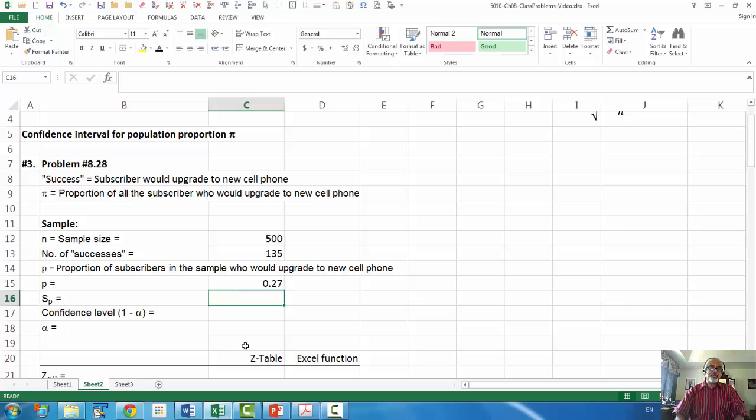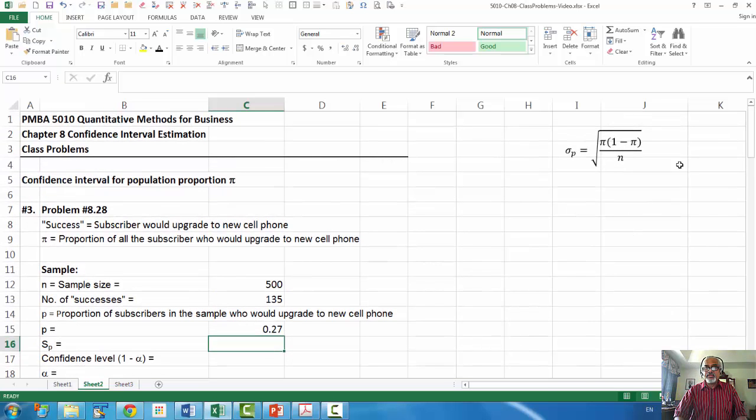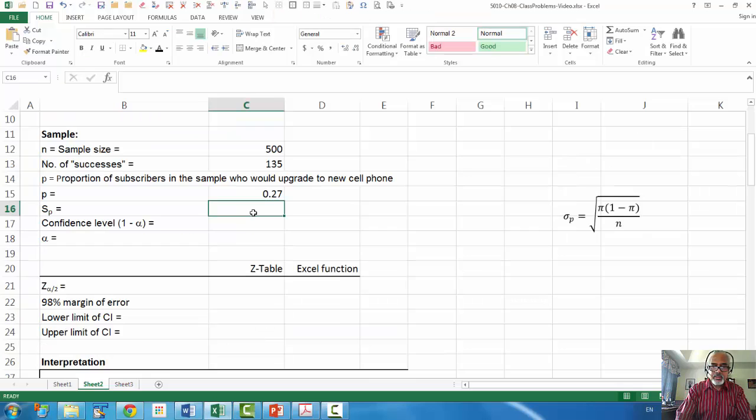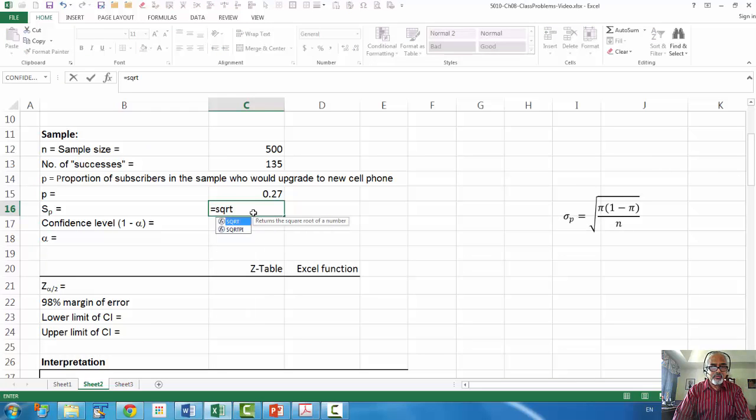So now we compute the standard error of p, and the standard error of p is, so here in place of pi we have to put p in there. So that will be the square root of p times 1 minus p divided by the sample size n.